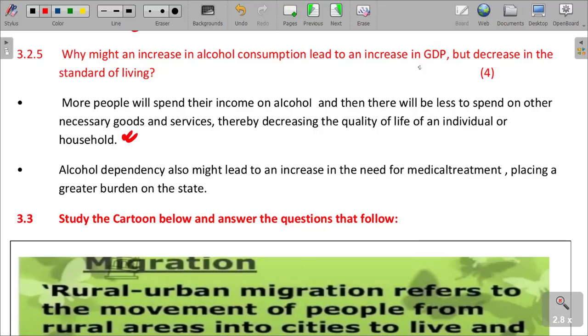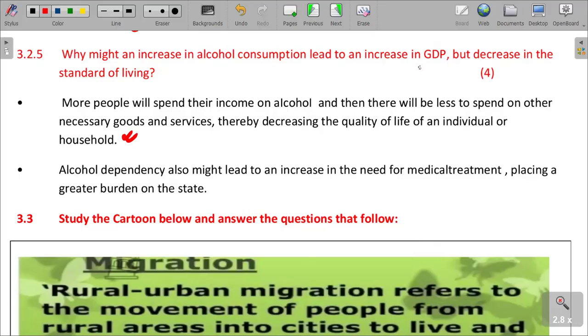That is one other aspect. When people are drinking more, we are saying it results in an increase in GDP, but a decrease in what? In standard of living. GDP also increases because of an increase in the production of alcohol, because it is highly demanded.